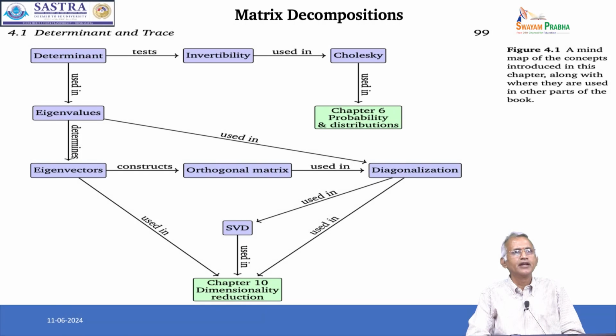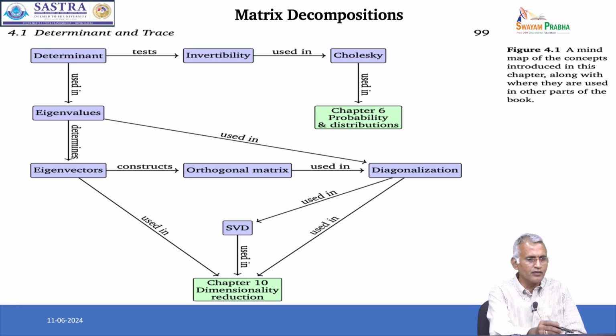The matrix decomposition. So, earlier we studied the fundamental ideas. Now we have to go to the matrix decomposition. If we start with matrix decompositions, first of all we have to know the meaning of determinant.